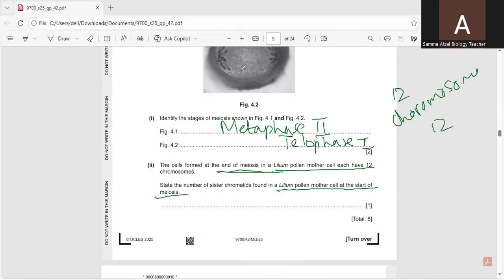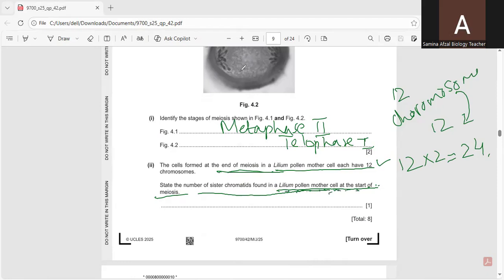As a result of meiosis, the chromosome number is reduced to half. So before the start of meiosis, the chromosome number was 24. Now the next statement: state the number of sister chromatids found in a pollen mother cell at the start of meiosis.